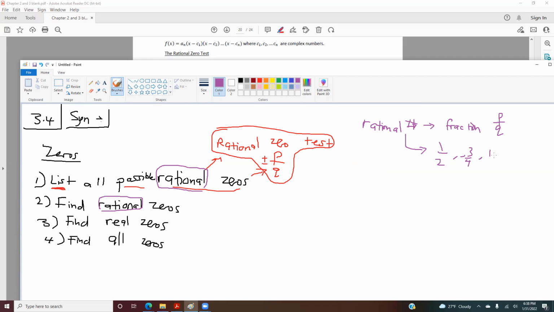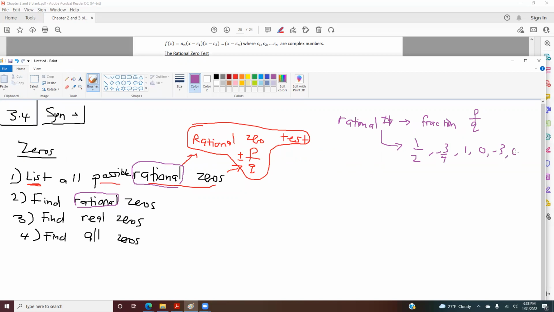Whole numbers like 1, 2, 3, 4, 0, and negative numbers like -3. Decimals that are repeating, like 0.33333, and decimals that are terminating. These are what we call rational numbers. So if the question is asking us to find the rational zeros, your answer has to be in fraction form p over q.